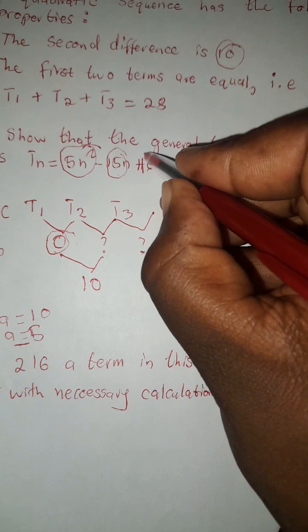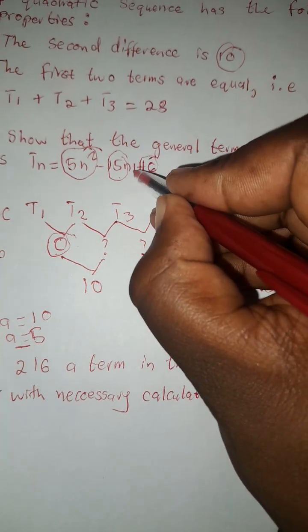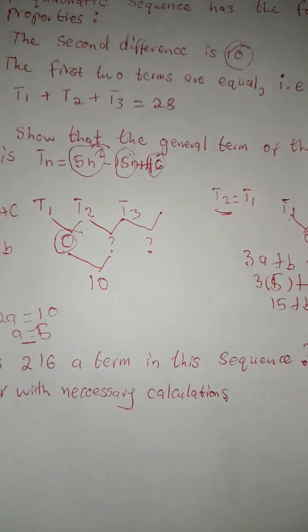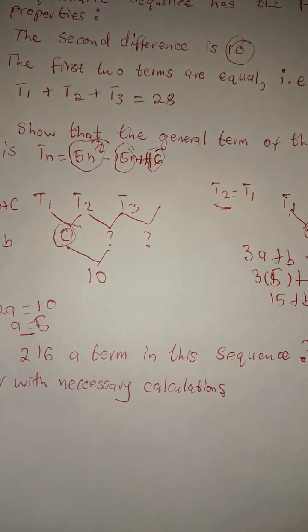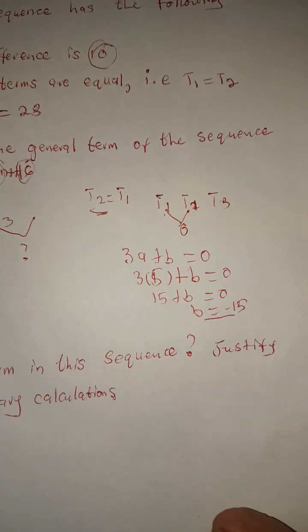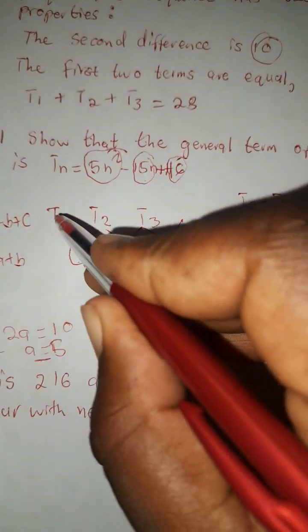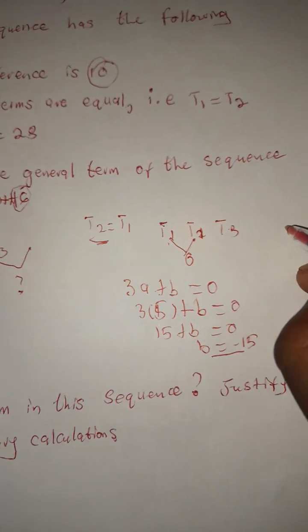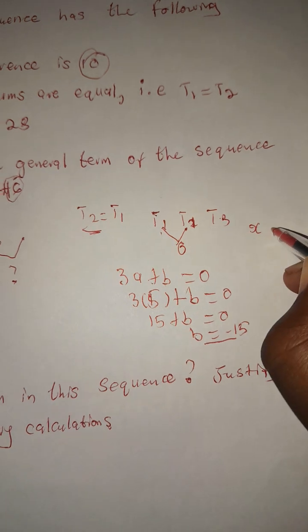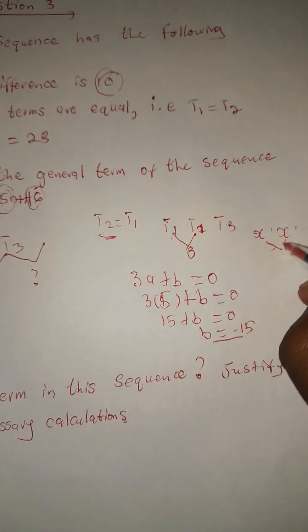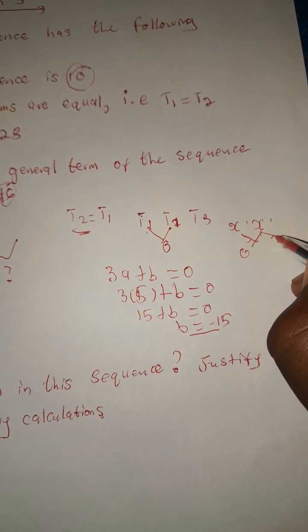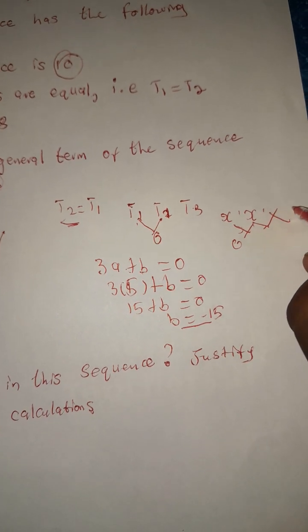We are left with 16. Remember it's plus here. To make life easier, let's let T1 and T2 be x, because they contain the same thing. So we'll have x and x as well as 0 here.